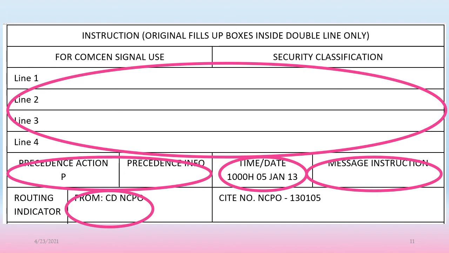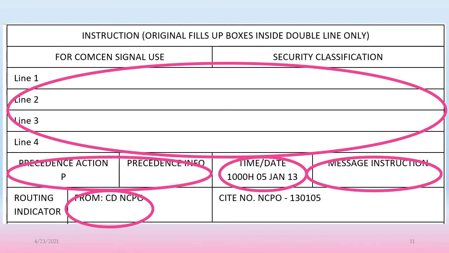Then, meron tayong site number, NCPO-130105. This is to be filled up by the originator with the office or unit or originator site number of the message. So, dito, ang site number niya is 130105. Ano yan siya? The date.